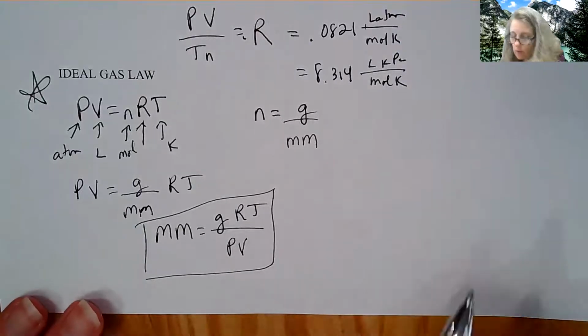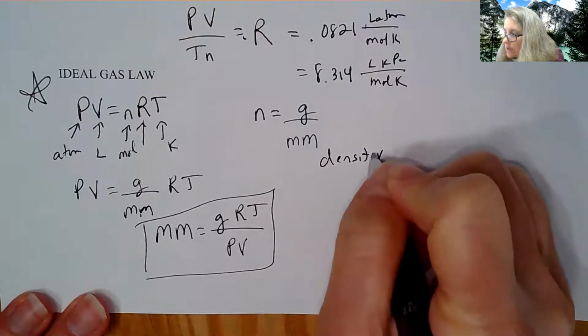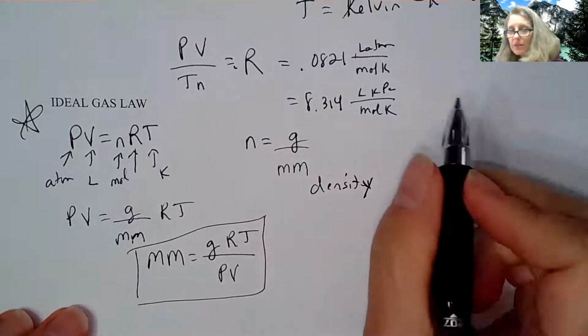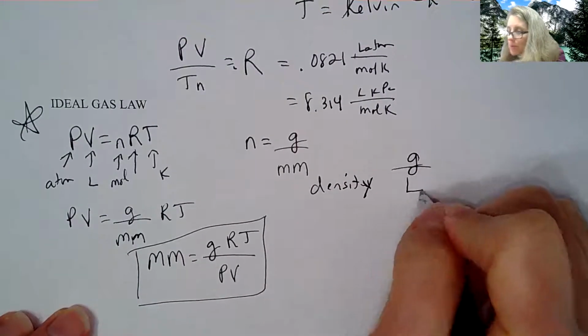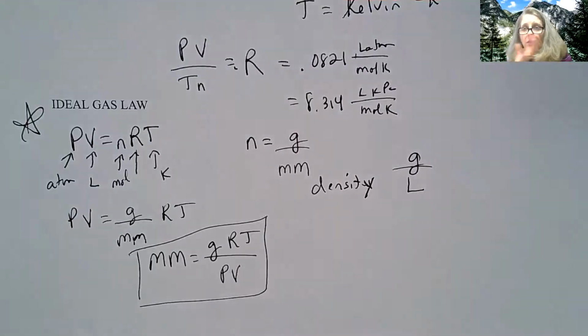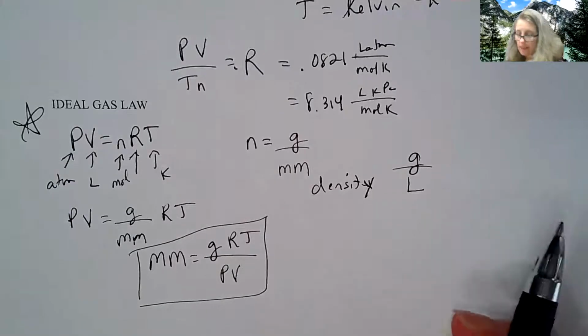The other equation I want to derive has to do with the density of gases. Now, we talked about density really early on, mostly about liquids and solids, but density of gases is always grams per liter. Mostly because gases, those particles are very far spread apart, so it's much easier to do things in liters.